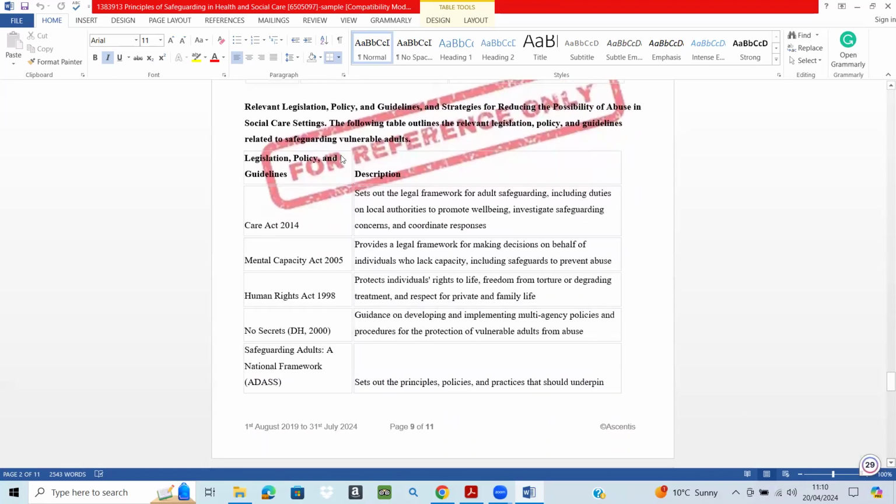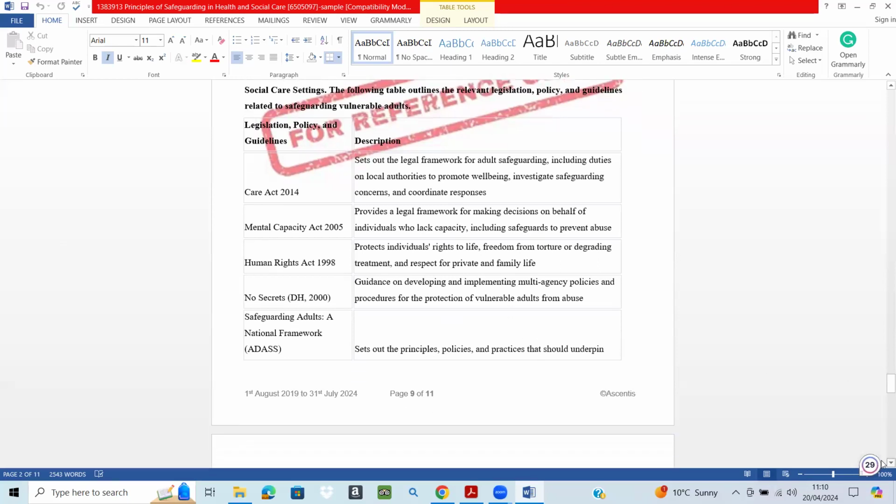We have to discuss the legislation, policy, and guidelines. Like I mentioned earlier, we could mention, for example, the Human Rights Act 1998. I mentioned the CARE Act 2014. So here we have a few of these pieces of legislation mentioned.